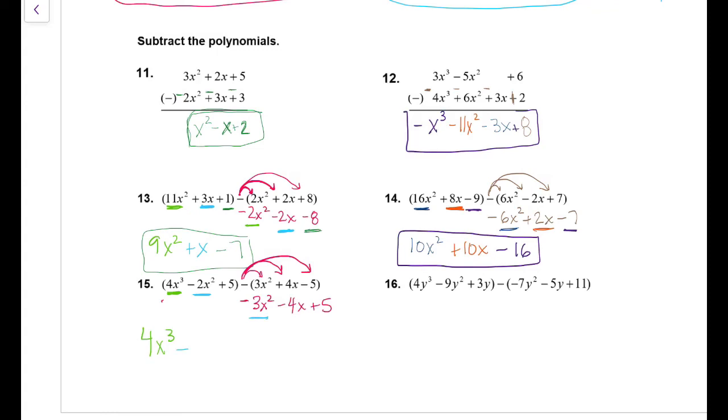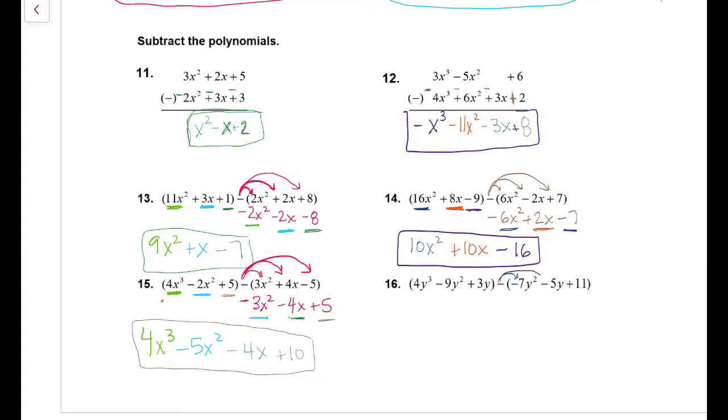Now we want to find all the x squareds and put them together. There's a negative 2x squared and a negative 3x squared. Together that is a negative 5x squared. Then we have the negative 4x. There's no other x's to put it with, so it is by itself. And then 5 plus 5 gives us 10. And that's all we do for 15.